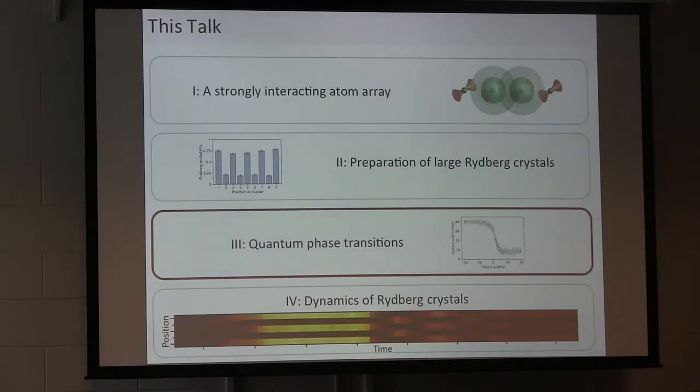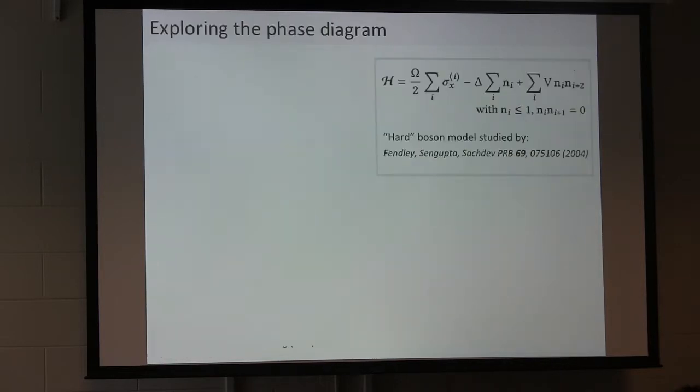All right, so this brings me to the third part of my talk, which is about probing quantum phase transitions into these ordered states. Our theoretical baseline for these phase transitions is this 2004 paper by the group of Subir Sachdev, who studied a Hamiltonian which is an approximation of ours, where they assume an infinite nearest neighbor blockade, which turns into the constraint that it's forbidden to have two Rydberg excitations living next to each other.